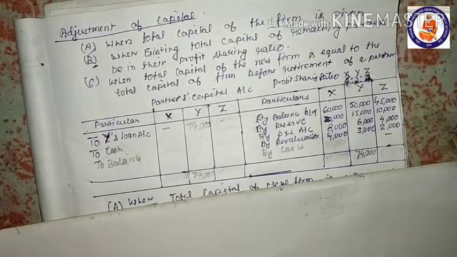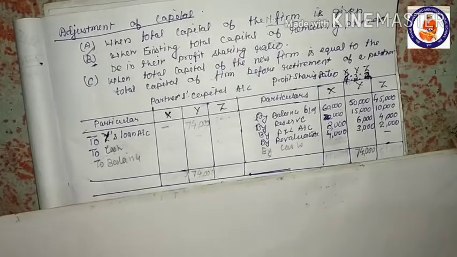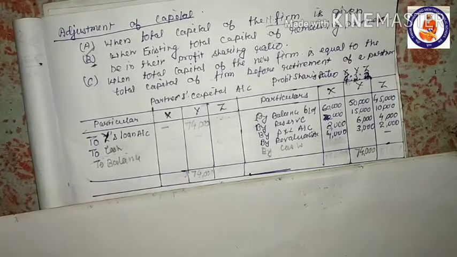Now we will see how the capital accounts of both the remaining partners will be adjusted as per their profit sharing ratio.